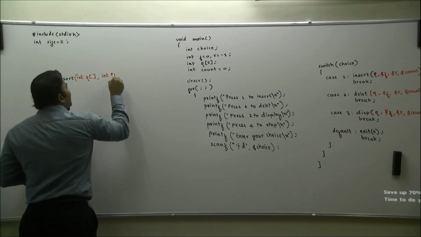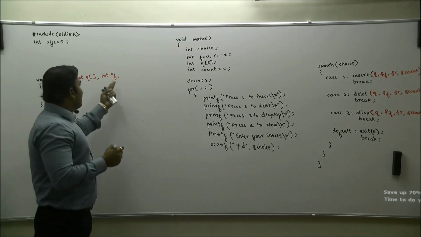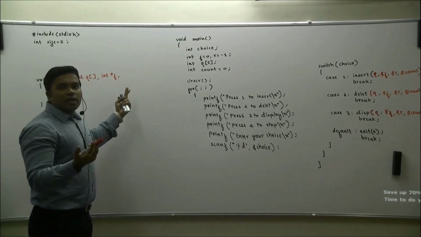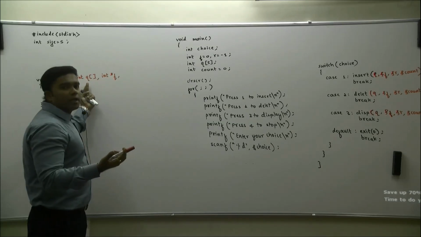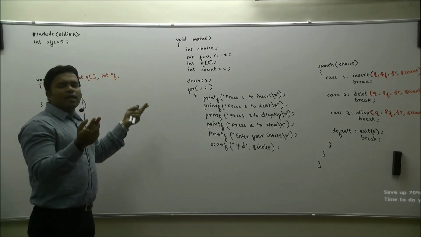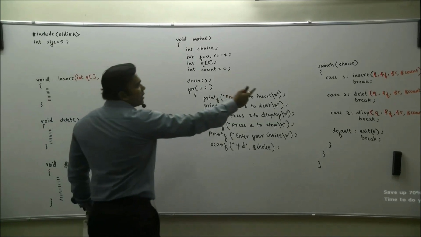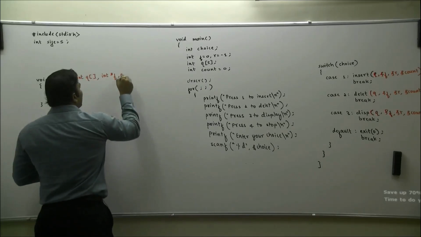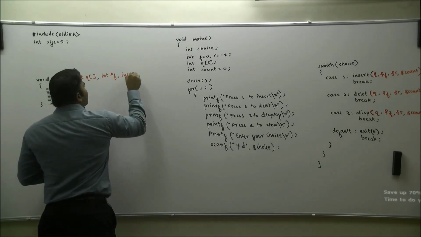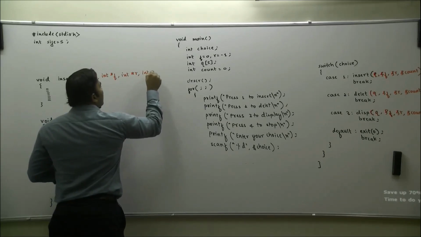I will collect it in a pointer called f only. I can also say p, q, r, my wish. Q I can't use because I have already used q here. The pointer's name can be anything, but I will use f as the pointer's name. Similarly, the address of r that you are sending, I will collect in a pointer called r. The count that you are sending, I am collecting in a pointer called count.